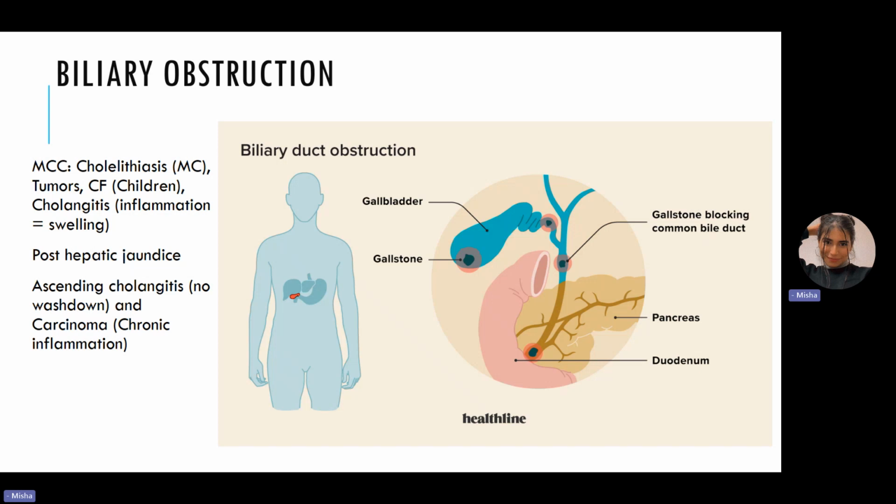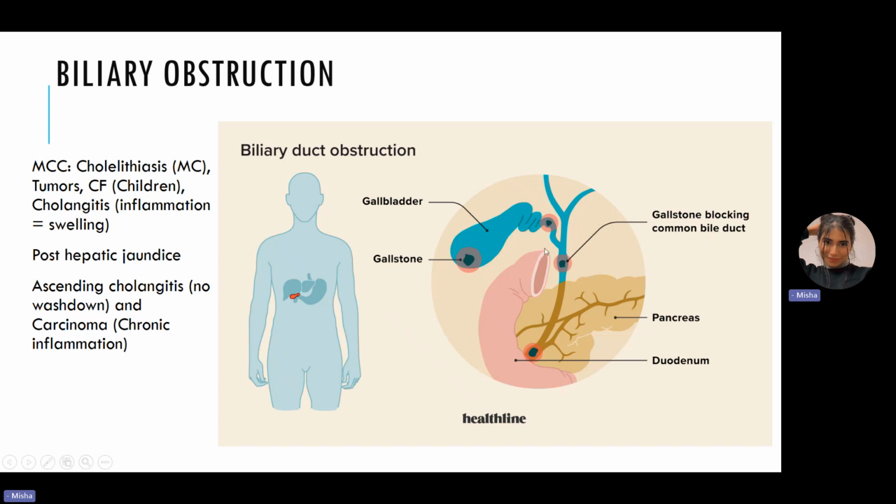The obstruction leads to post-hepatic jaundice, inflammation, and fibrosis, and if it persists, it can lead to cirrhosis and portal hypertension. Obviously, in the case that there is an obstruction, there's a higher risk of developing ascending cholangitis.